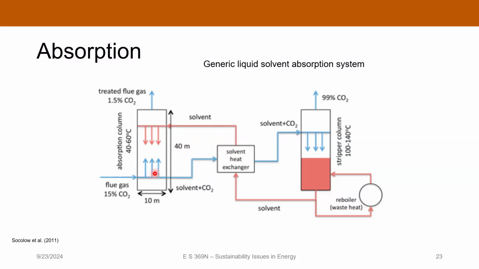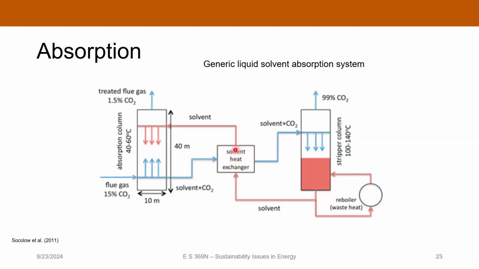The reason we've got a cold stream and a hot stream here is because absorption and desorption work differently in terms of heat exchange. Absorption is an endothermic process, and so it requires heat to happen. That's why we are heating up the absorption column over here. But then what happens is, when the absorption happens, the solvent gets cooled down.